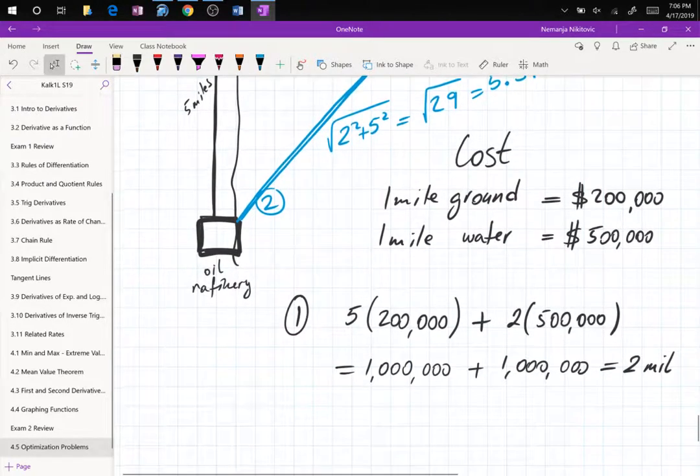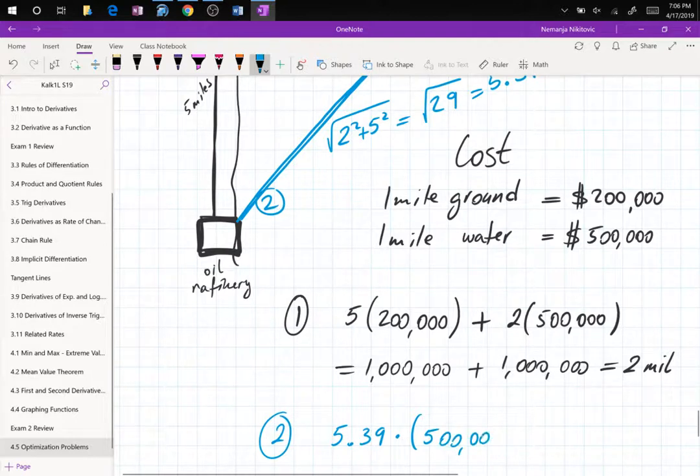Now we see that the blue path is going to be 5.39 miles times, and everything is underwater, so that's going to be 500,000 for everything.